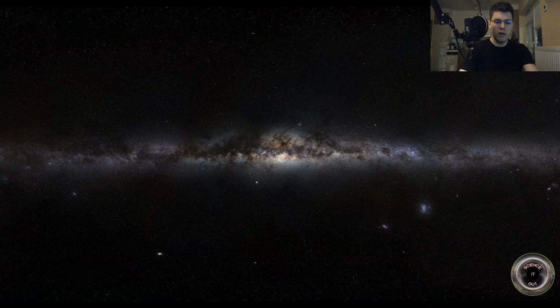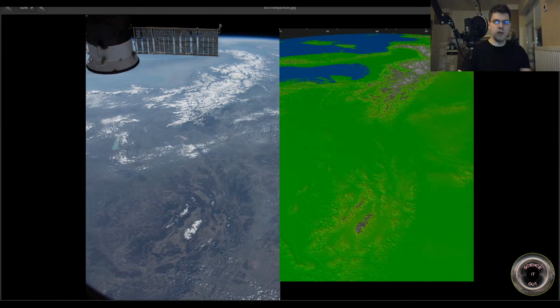So I've tried reproducing a photo from the ISS, and as you can see, this is the ISS passing over Europe. You have the Alps here, the Tatra mountains, so this here is Poland, somewhere here Slovakia, this is Lake Balaton, I believe, in Hungary, and you have Italy here, and further away you might be able to see some of the Pyrenees, I believe.